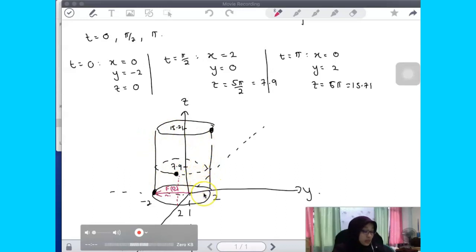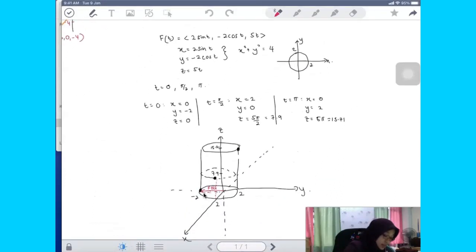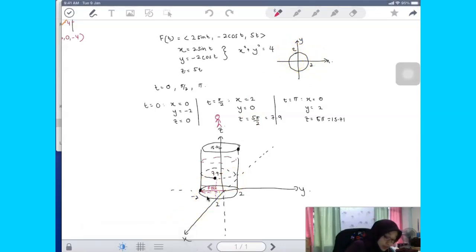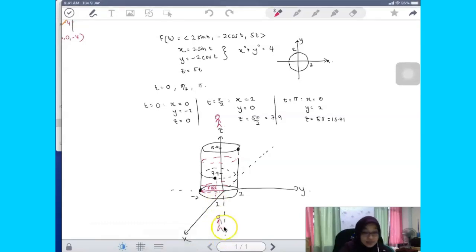Why did I put this? Because as I mentioned before, if you are sitting up here looking down, you will always see the circle. You can see the circle from above. When you are sitting down here and looking up, you can see the circle.